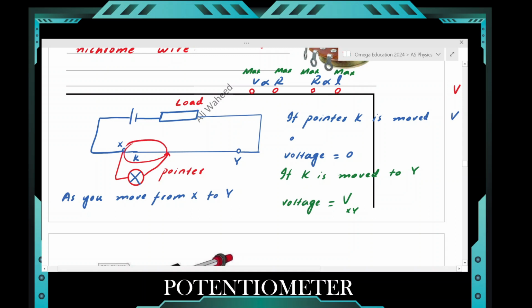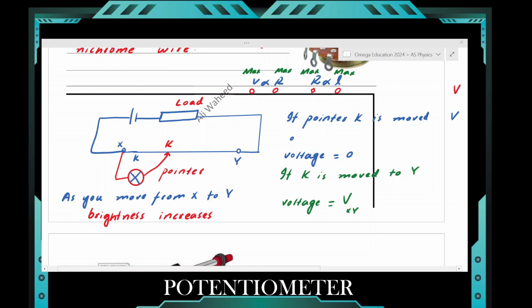So there is some portion of the wire that is used, hence there is some length used, there would be some resistance, and there would be some voltage across the lamp. So this time the brightness of the lamp would increase, and if I move it all the way to the point Y, that would be the point where the brightness would be maximum. So the brightness would increase. Are we clear with this?